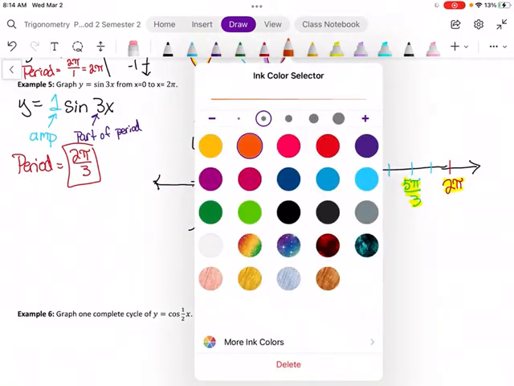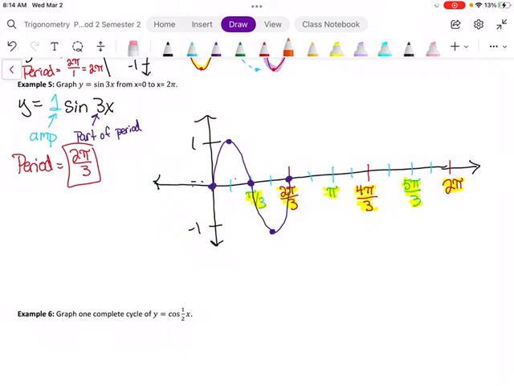Then, we will just continue this pattern. So from 2 pi over 3 to 4 pi over 3, we're going to have another period. So in the middle of that, we're going to be at 0 again, and we're going to go up to 1, and then go down to -1, because we're still following this pattern throughout our graph.